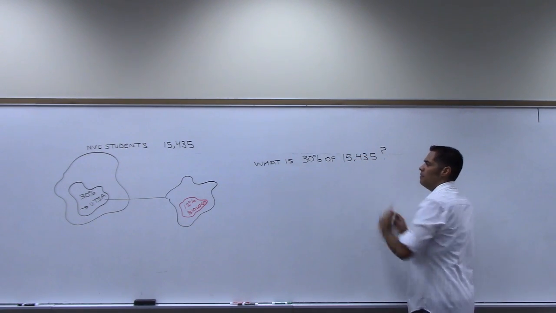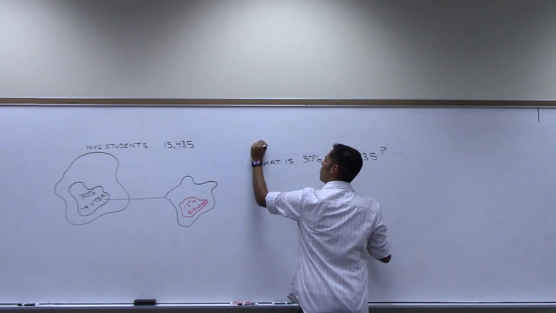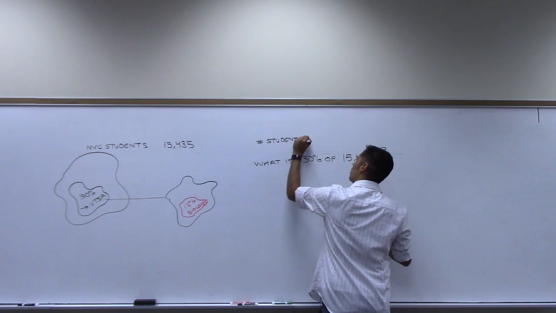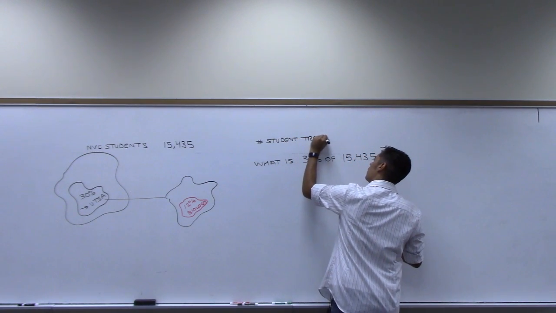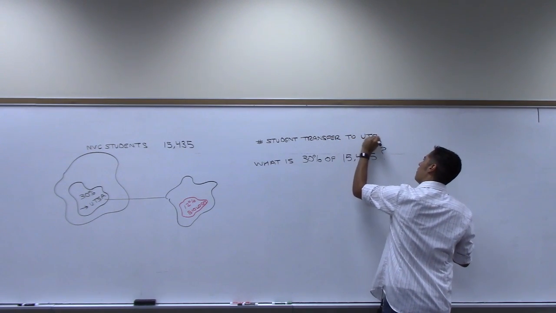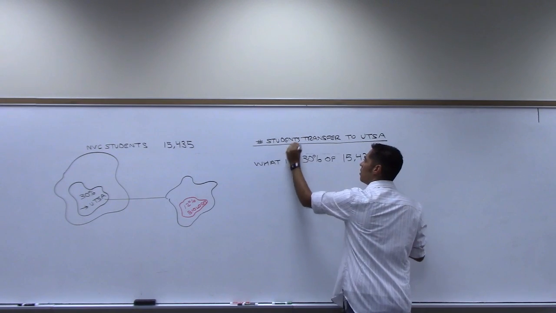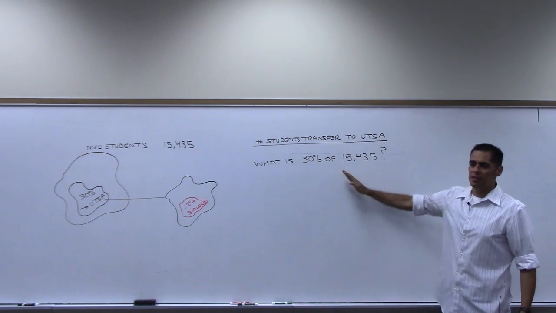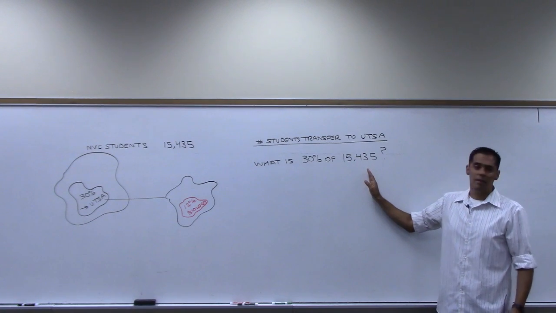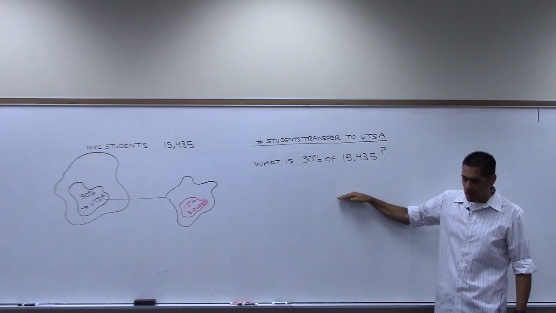This represents the number of students transferring to UTSA. What is 30% of the 15,435 students? Now convert that into an equation.